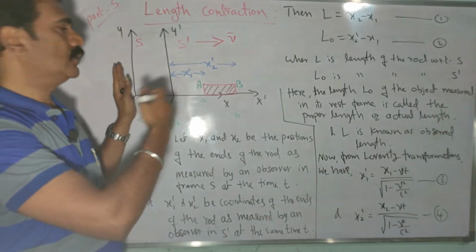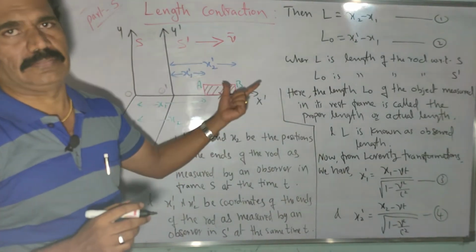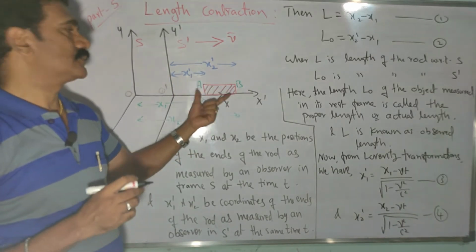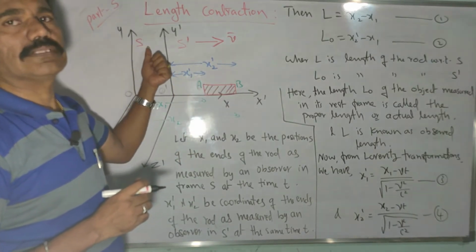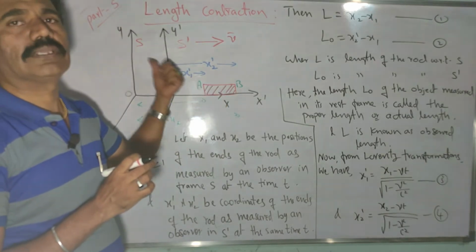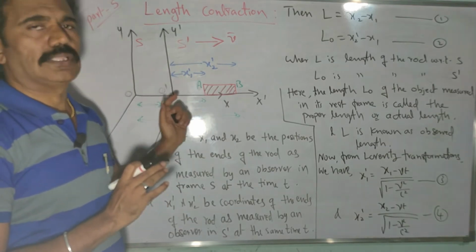With respect to the two observers O and O dash, we are getting some difference in the length. The difference is observed by the frame of reference S as a shorter length compared to the actual length. That is the concept you have to understand using the Lorentz transformation here.